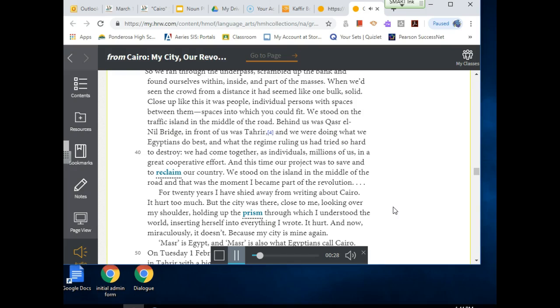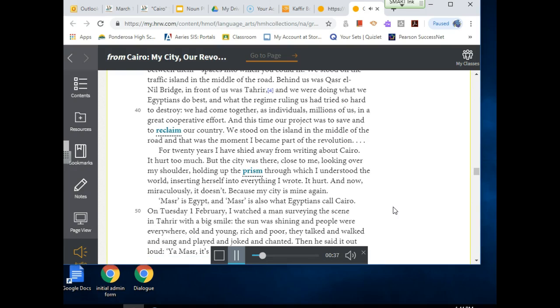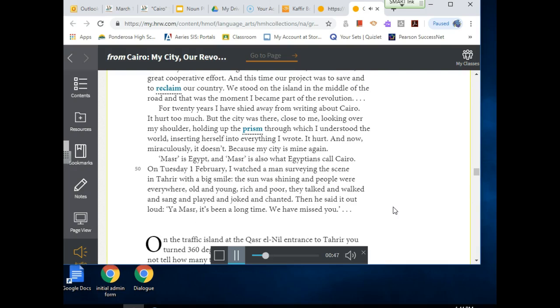Behind us was Kasir El Nil Bridge. In front of us was Tahir, and we were doing what we Egyptians do best, and what the regime ruling us had tried so hard to destroy. We had come together, as individuals, millions of us, in a great cooperative effort. And this time, our project was to save and to reclaim our country.